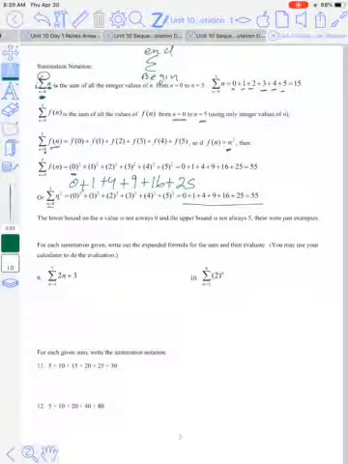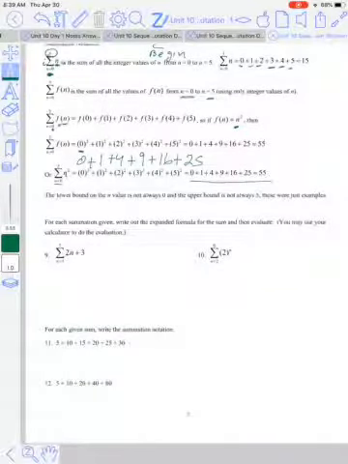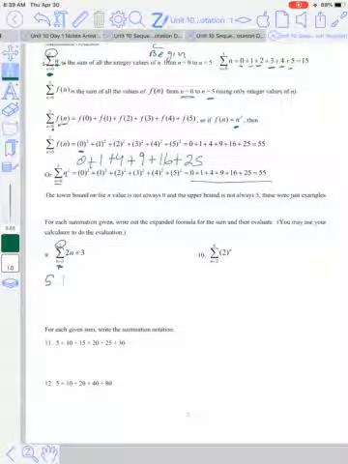So take a look here at number 9, okay? So look, the lower bound is 1. The upper bound is 7. So I start with 1, and I plug it in. 2 times 1 is 2. 2 plus 3 is 5. So I get 5 for my first term, plus.